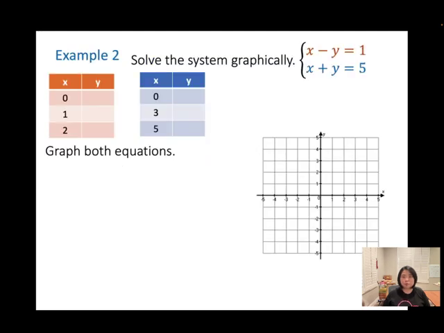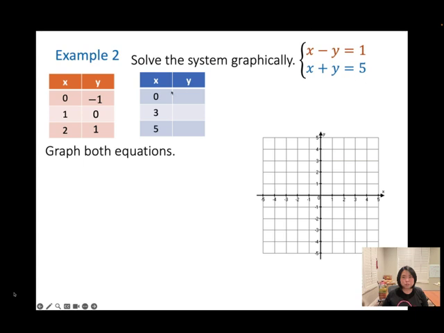For example, I have two equations and two variables, and let's plug in points to graph them. For the first one, when x equals 0, y equals -1. When x equals 1, y equals 0. Then you should get this.